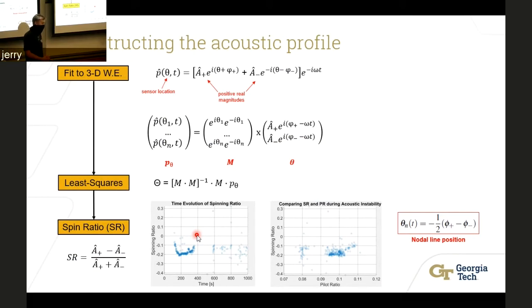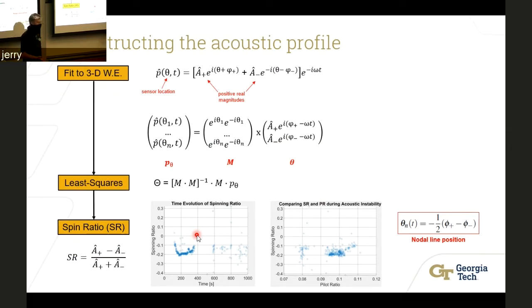Because we have multiple sensors, we had 4, technically we had 5, but 4 were really working, we applied all 4 sensors together, and then you can build a matrix or a system of equations for each pressure measurement. Then you can use a least squares method to back out, based on the azimuthal position, what your spin ratio is. Really, what that process is doing is trying to resolve the coefficients, those A hat plus and A hat minus.